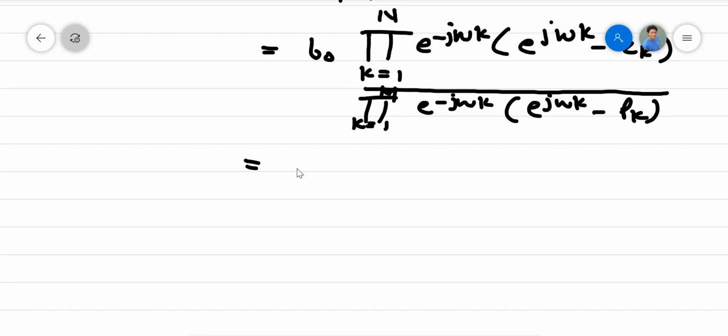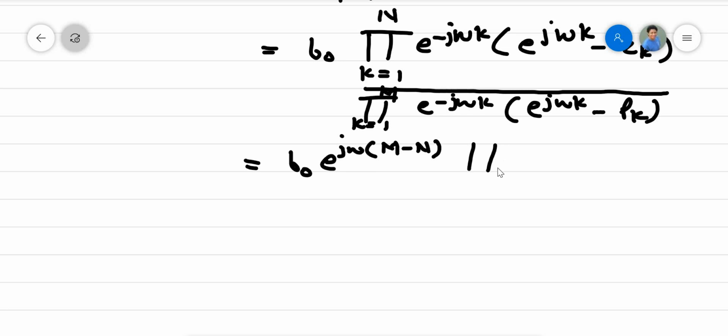Okay, this term, if we solve, it will be e^(jω(m minus n)), right? So whatever the maximum value of m minus n is, that will be the answer.